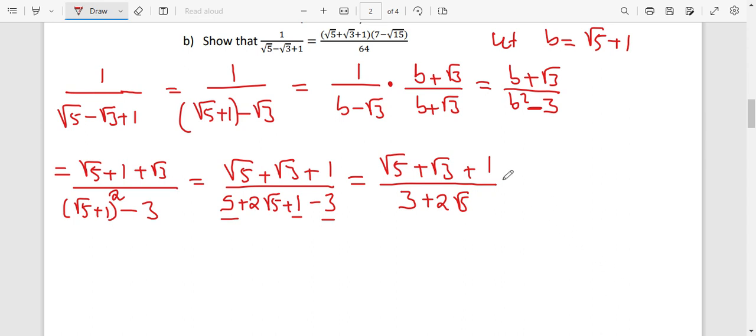Yes, sir. Okay, so from here now conjugate again. So multiply by 3 minus 2 root 5 on top, and down by 3 minus 2 root 5.